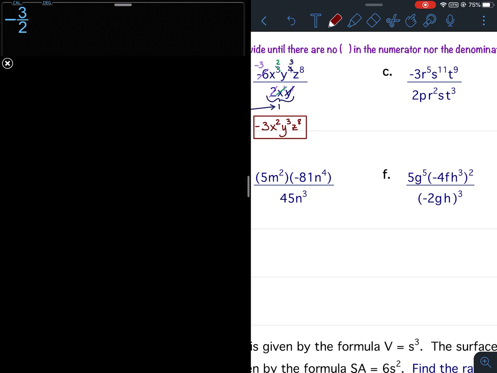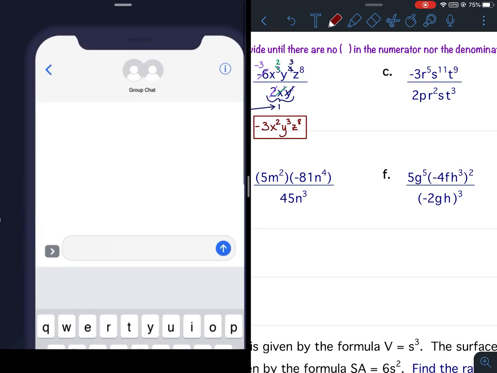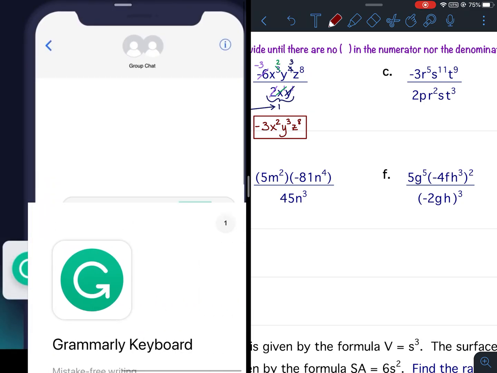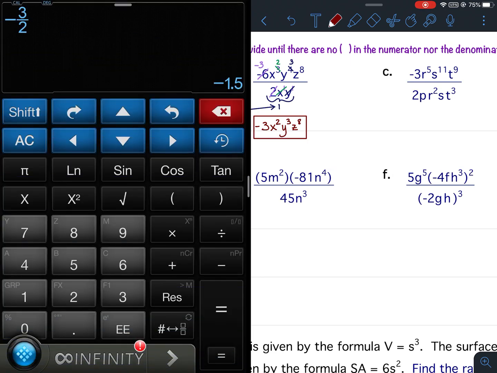Now the iPad calculator is going to give you the decimal answer. So what you want to do then is hit that button beside the equal sign that changes it back. Notice how it's still -3 over 2, which means it doesn't reduce.